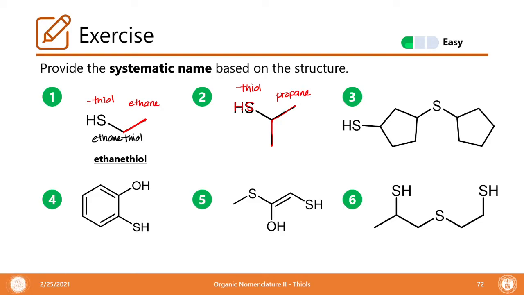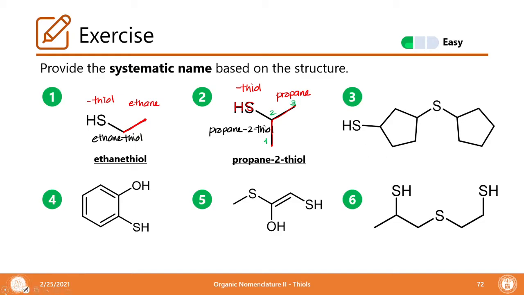So we have to specify the location. 1, 2, 3. So at position 2, we have our thiol. So let's name it propane-2-thiol. Okay, propane-2-thiol.